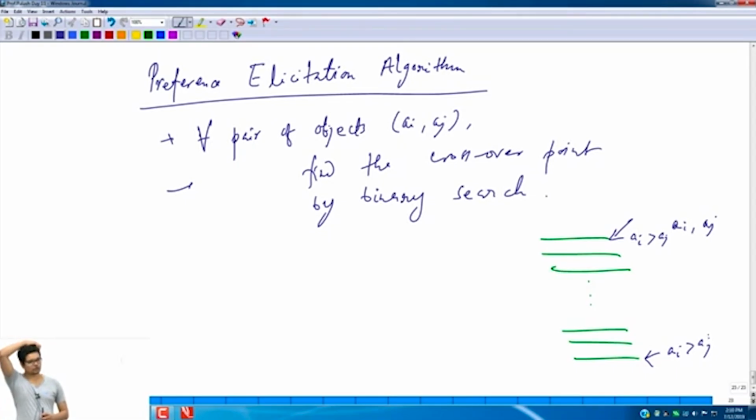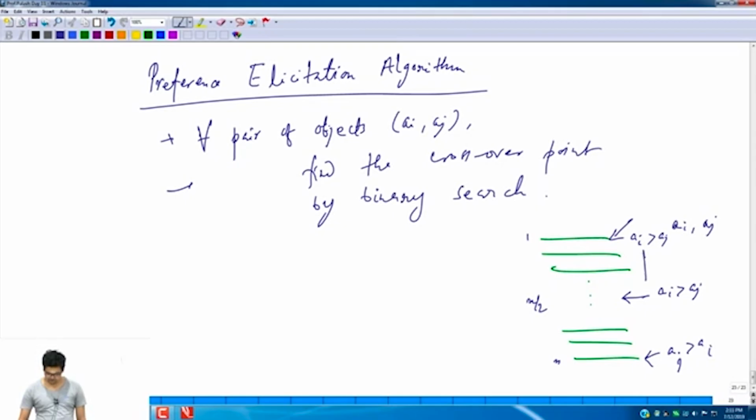Is everyone with me? Because of the single crossing property. So let's assume that the last person says AJ over AI. So this is 1 up to n. Now let me ask the middle person: tell me, who is greater, AI or AJ? Suppose it says that AI is greater than AJ.